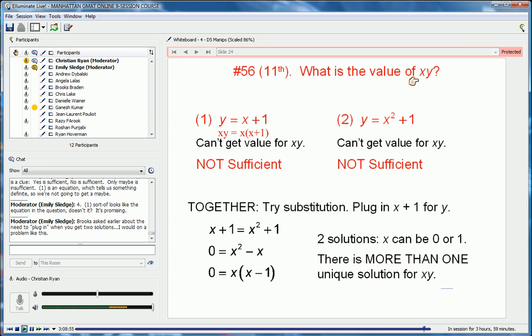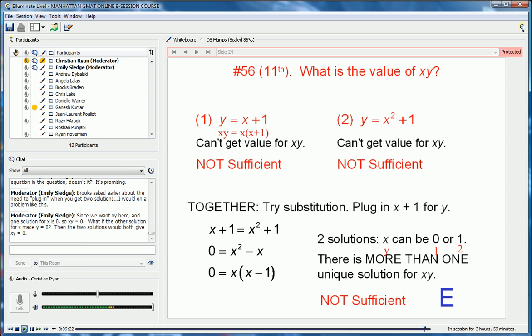Since when x is 0, y would be 1, and when x is 1, y would be 2, then xy equals 0 or 2, that's insufficient. So you should always check when you've got a combo is the thing you're looking for, as Emily put in, that you should absolutely check here.